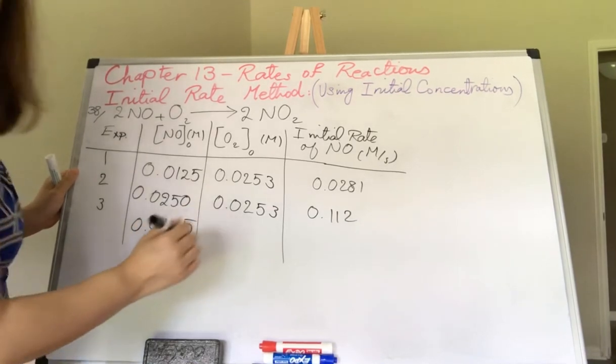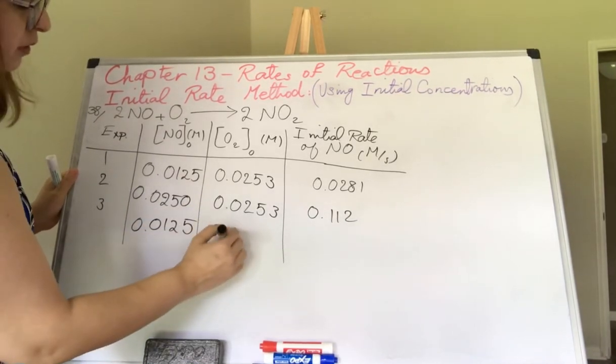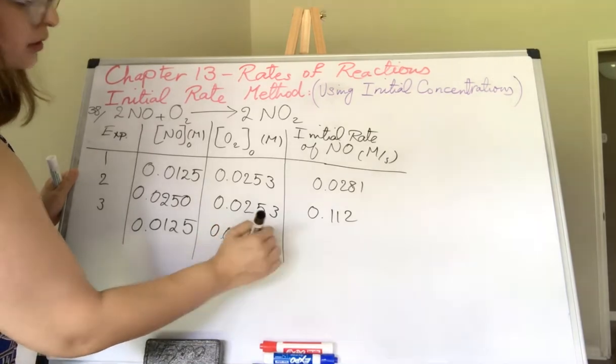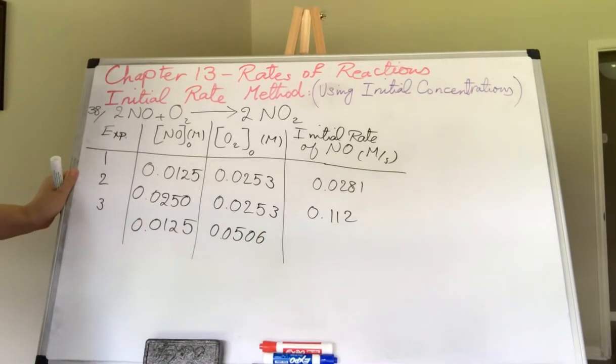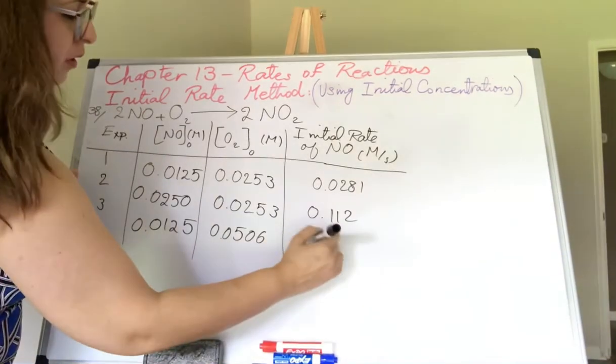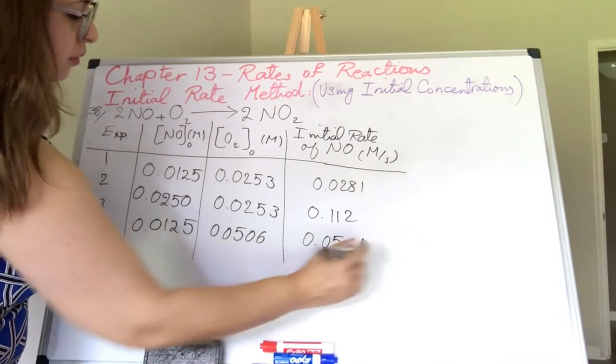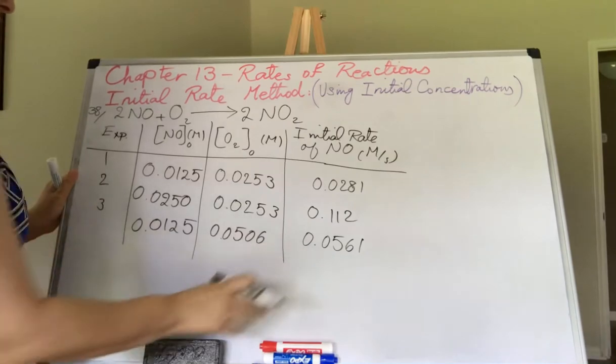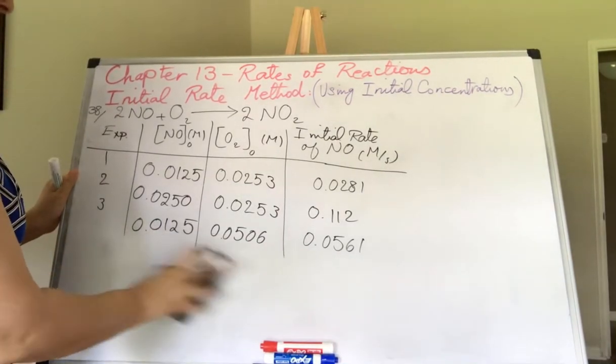Then 0.0125 again, 0.0506, and 0.0561. So these are the three sets of the experiments that have been done.